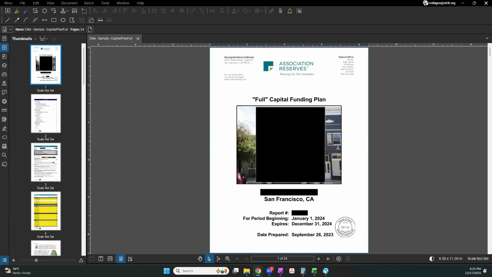And it's a really comprehensive site visit. So they will go inside every unit. They will be building their component list. So they'll be counting the number of fixtures and outlets, and they'll be taking measurements. What's the floor area for the carpet in the common area hall, for example.